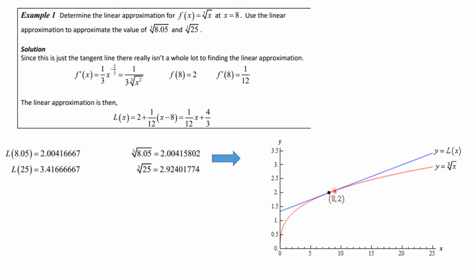There's not much difference between those two at all. But if I go all the way out to 25, which is way out here, there is a gap between these two functions, and if you check, you see that L is 3.5 and the cube root of this is less than 3, and so there is a gap. So you see, the closer you are, the better the approximation.